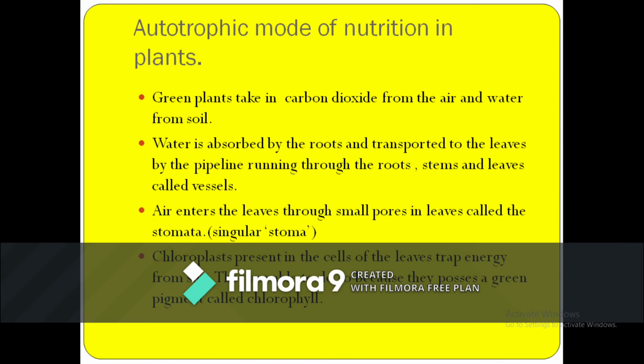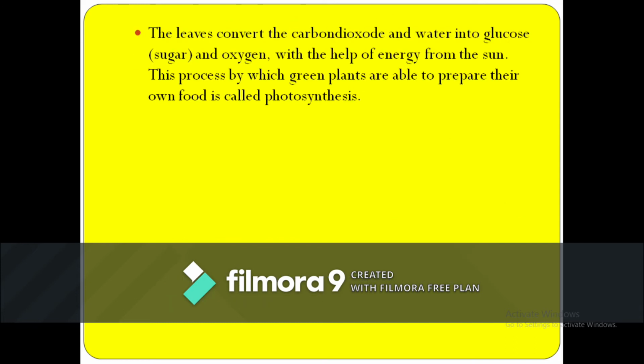This process is called photosynthesis, by which the green plants are able to prepare their own food. Photosynthesis is a process in which the leaves convert carbon dioxide and water into glucose, that is sugars, and oxygen with the help of energy from the sun and the presence of chlorophyll.